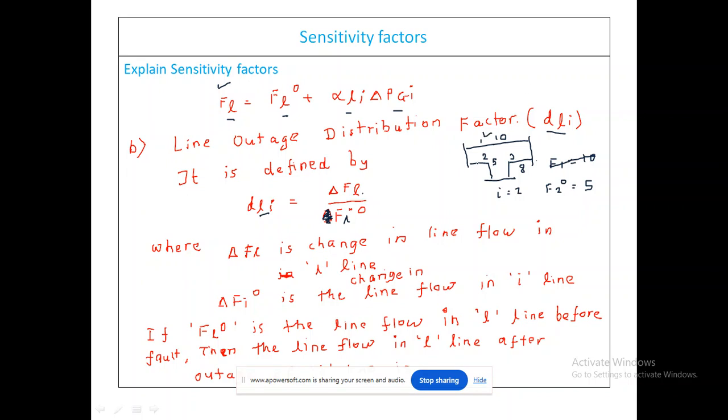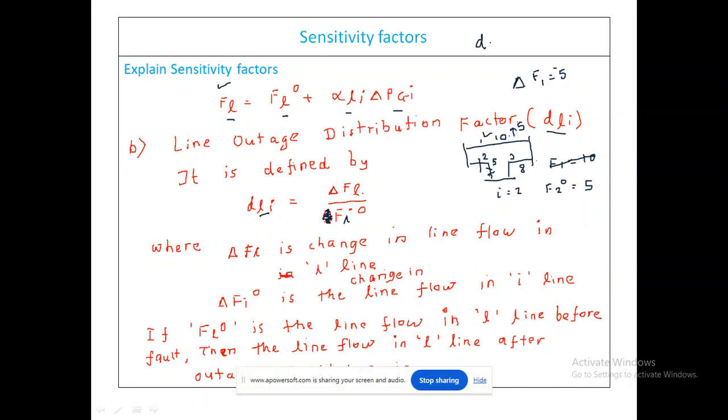Suppose this line outage, this line is gone out, the second line where the power was 5 megawatt before contingency. Now suppose this line has gone out, and here from 10, the power flow is changed. Suppose this power flow is changed to 5 megawatt, then delta FL, the change in the power flow in the first line, is minus 5 megawatt; it is reduced by 5 megawatt. So minus 5, that is for our factor D.